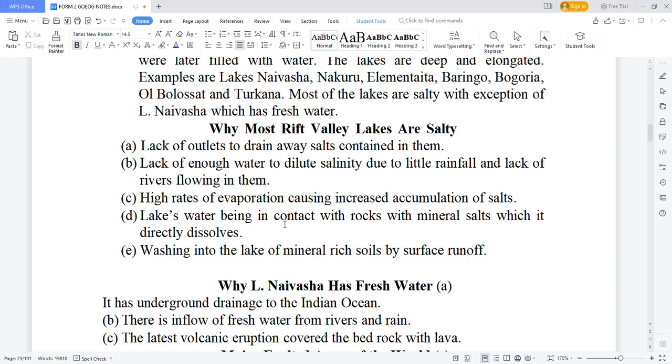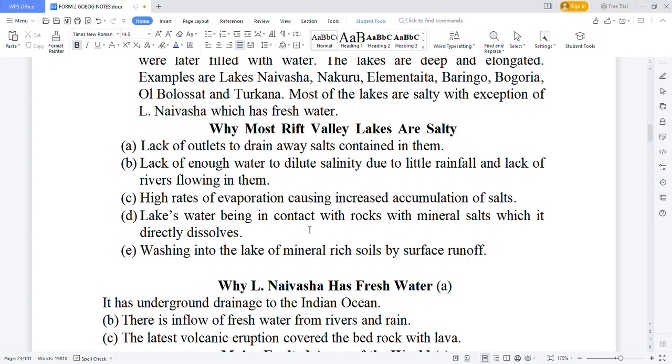Number 4, lake water being in contact with the rocks and the mineral salts which it directly dissolves.